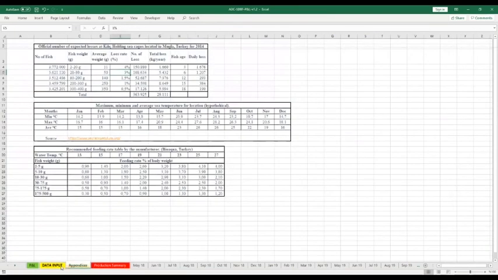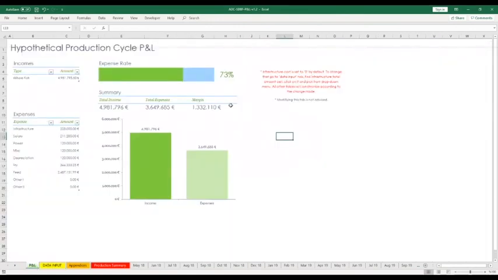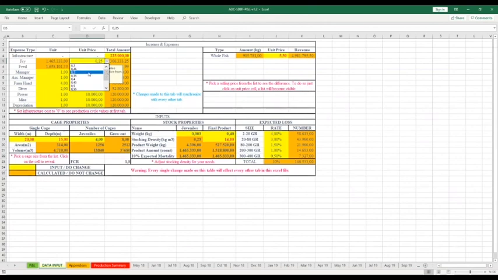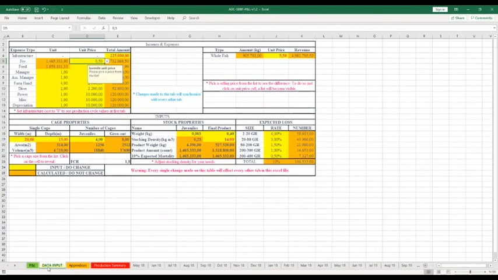And just to show this, right now, as you see, we have a margin of 1.3 million euro. Say there's a small change in your buying price for a fry, let's say we double it, it's now €0.5, and your profit margin goes down. So it's good to have something like this to calculate according to market changes.